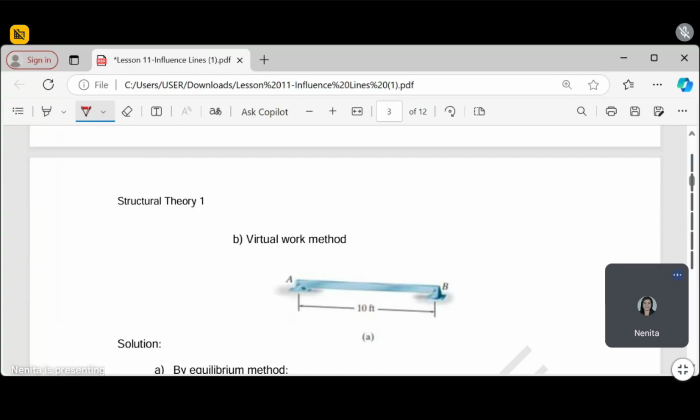Wait lang for a while. Okay. Save natin sa PDF. PDF. PDF.